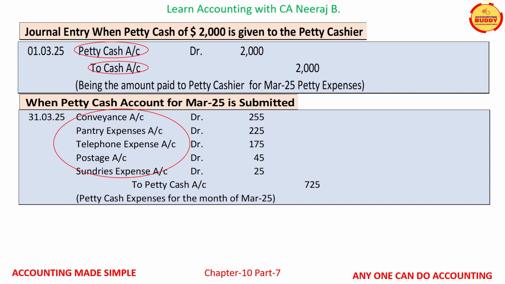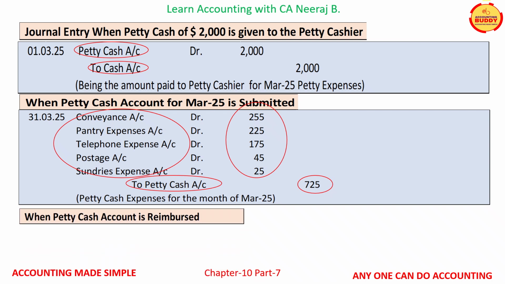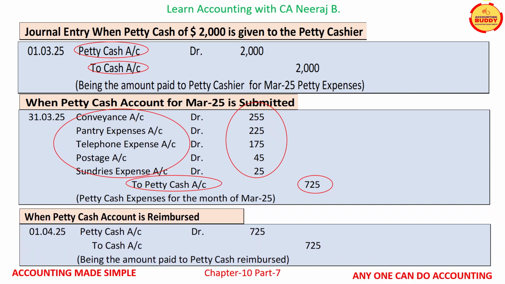All the expense heads will be debited with the total amounts paid under each head during the specific period, and the petty cash account will be credited with the sum total of petty cash expenses paid under all the expense heads. And when the petty cash is reimbursed, below entry is passed: debit petty cash account and credit cash account.